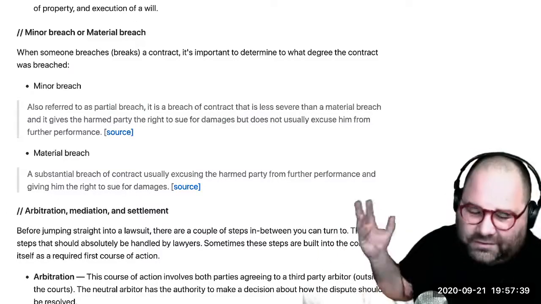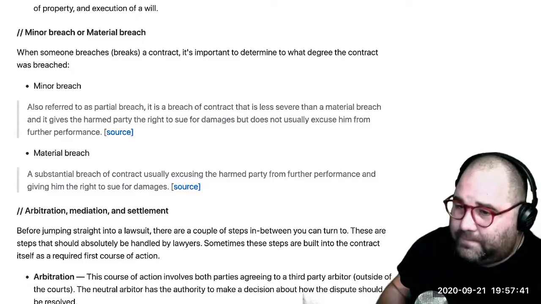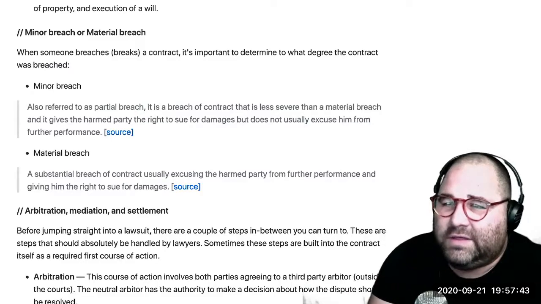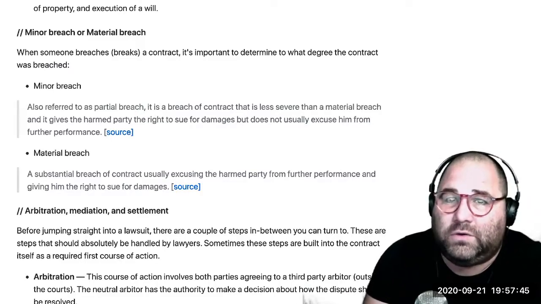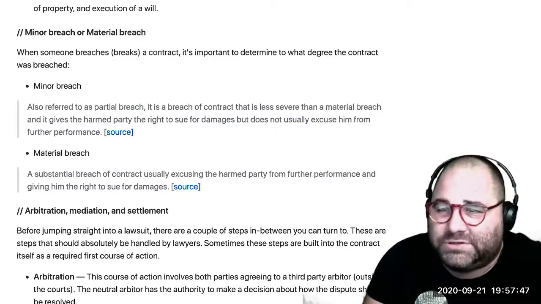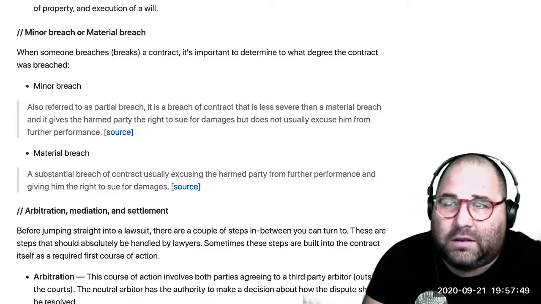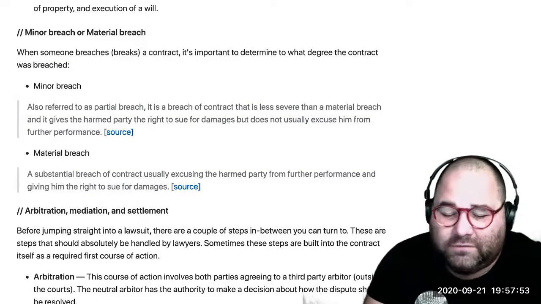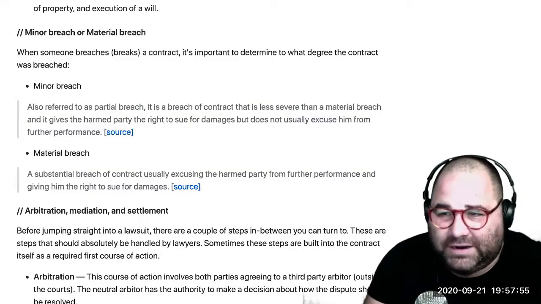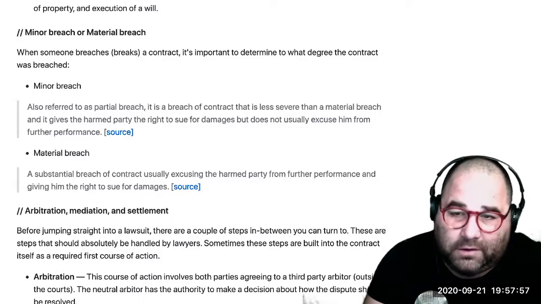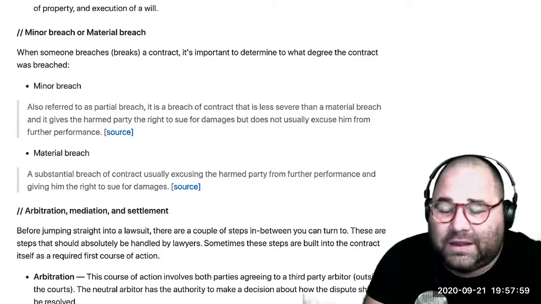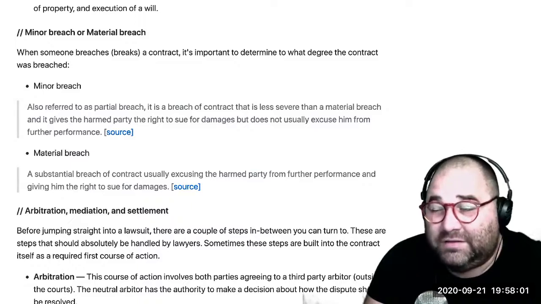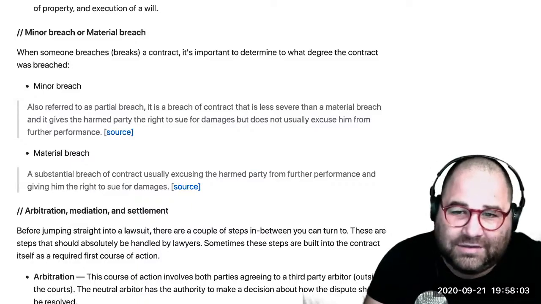So let's go back to the landlord example. Let's say that in your apartment, you damage the refrigerator and the landlord says, hey, you know what? You damaged it according to our lease. If you damage the appliances, you have to pay for the repair. That is like a minor breach, because the outcome of that is you're not going to get kicked out of the apartment.